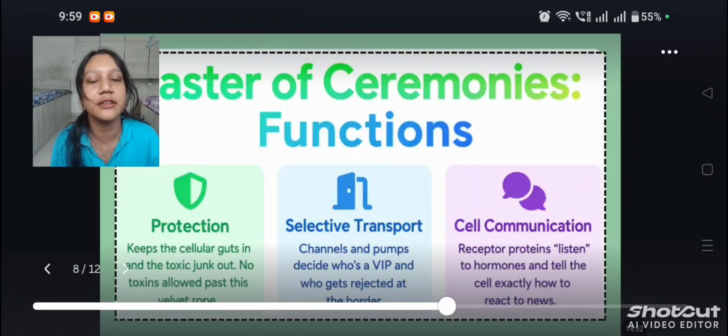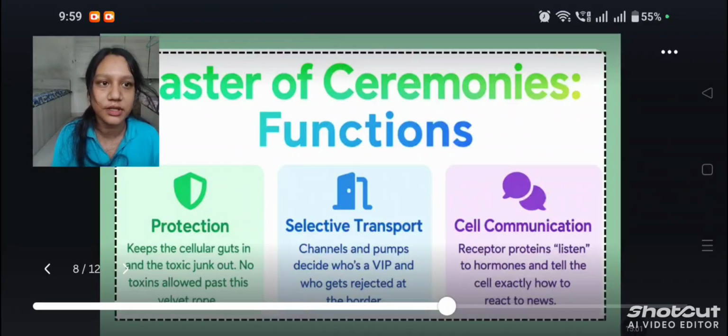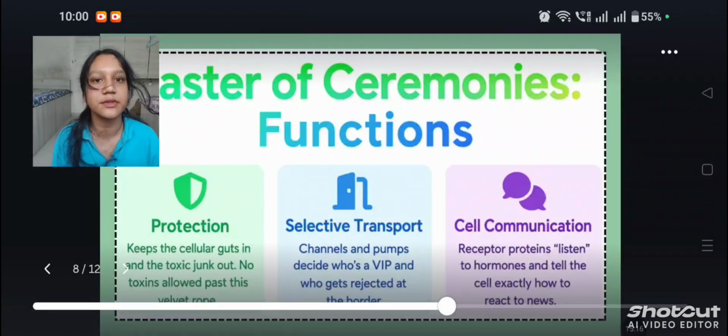As we have seen, the integral proteins help in transport. Transport can also happen by diffusion from higher concentration to lower concentration. Then cell communication. Because of the proteins present in this model, the cell can also do cell communication. Receptor proteins listen to the hormone and tell the cell exactly how to react to the news.